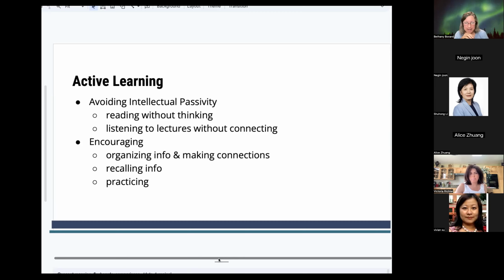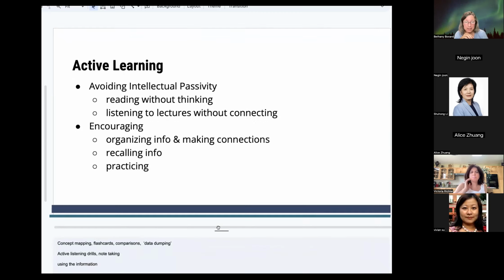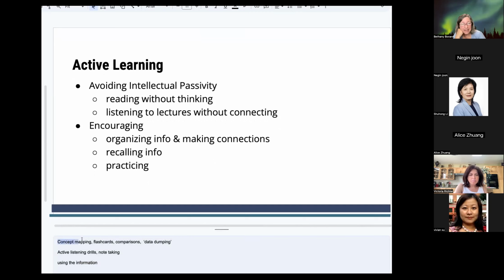Anyway, some other strategies for doing active learning. We have concept mapping, always fun. Concept maps are one of those high-impact teaching strategies that you can use.